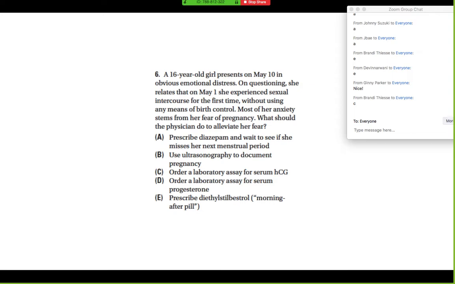I'm sure if you guys are a mom already, you're going to be all over this one, right? Right. So we're going to order a laboratory assay for serum HCG. Why would we not prescribe her the morning after pill? Yeah, but why does it not work?